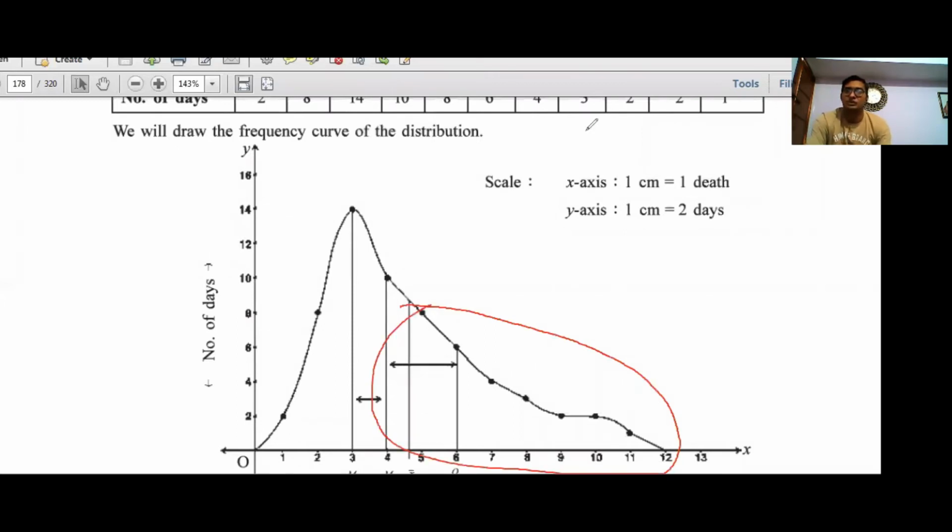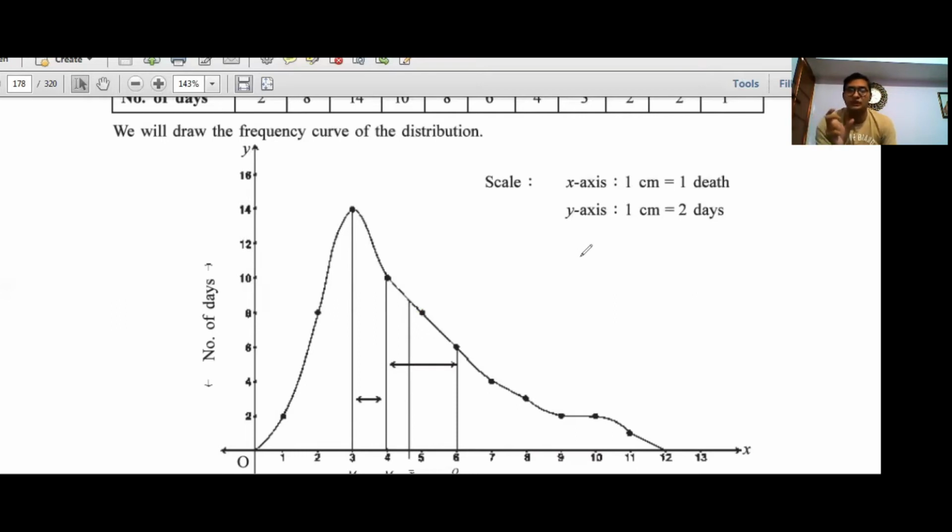Clear? Once again, we already studied central tendency and then dispersion. Now in skewness, all the observations of the population are not evenly scattered on the diagram, but these diagrams are elongated either on the left side or right side.